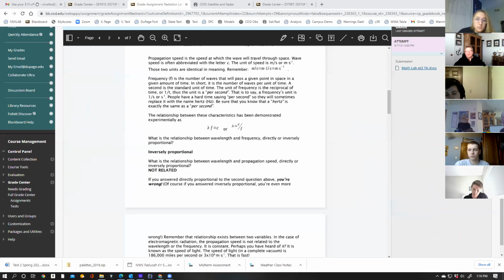Now, what does it say in my notes for ultraviolet? How long is ultraviolet radiation? Around 0.1 micrometer. Okay, so it should say something like this.